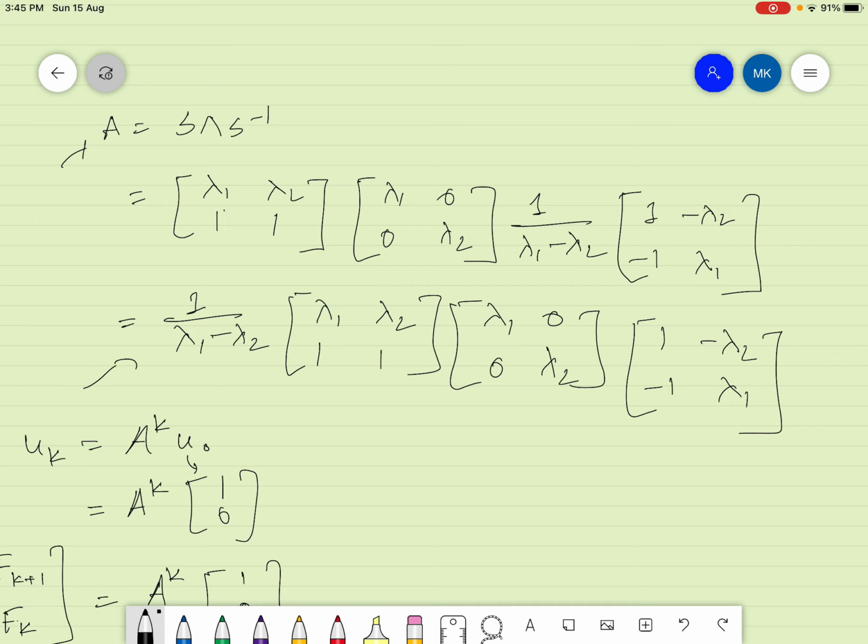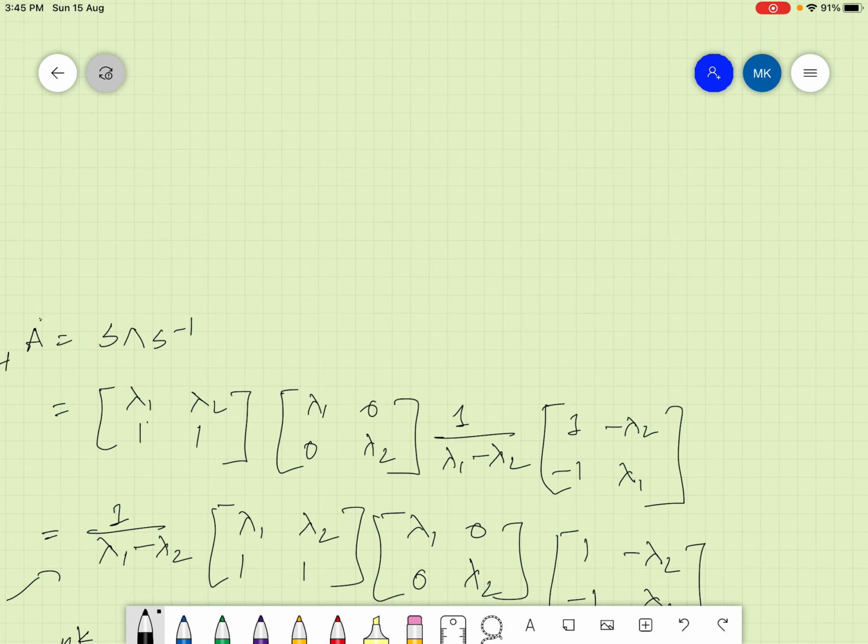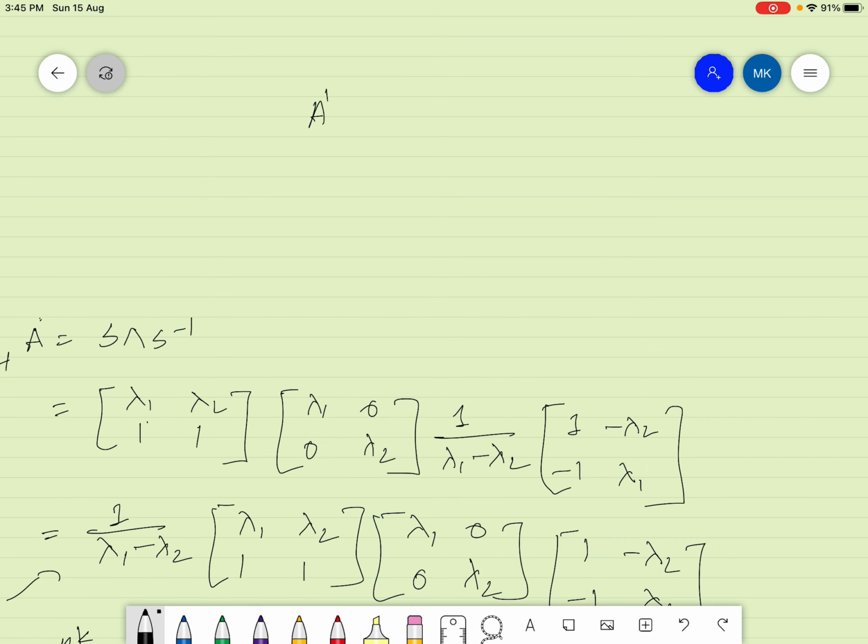From the previous part we saw that A to the power k is S lambda to the power k S inverse.